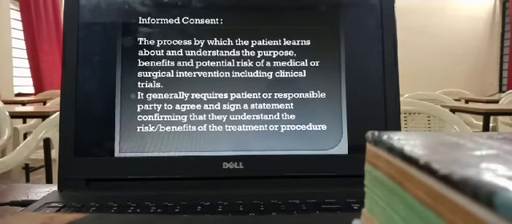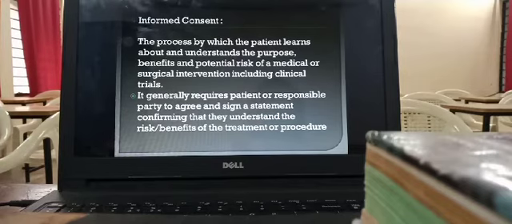Informed consent is a process by which the patient learns about and understands the purpose, benefits, and potential risk of a medical or surgical intervention, including clinical trials. It generally requires the patient or responsible party to agree and sign a statement confirming that they understand the risk and benefits of the treatment or procedure.